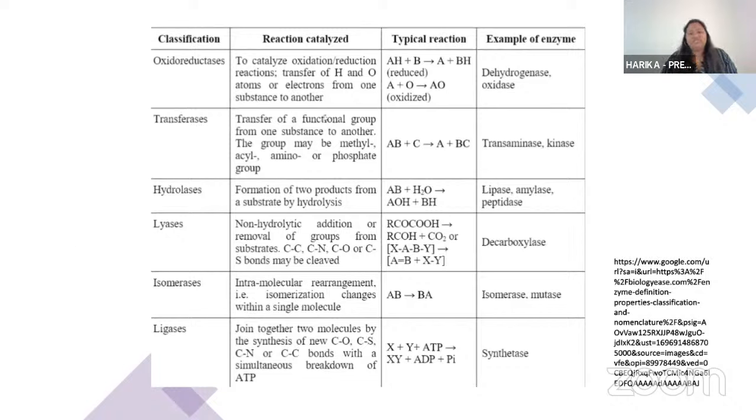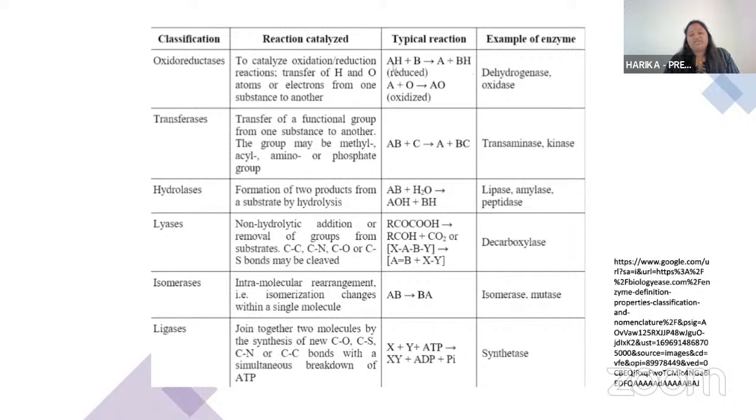Let us see this reaction. For example, we have AH, plus another compound B, and H is the hydrogen. As I'm saying, it is an oxidation or reduction. What is happening here? The hydrogen that is present with A has been shifted and combined with B, so B got reduced.